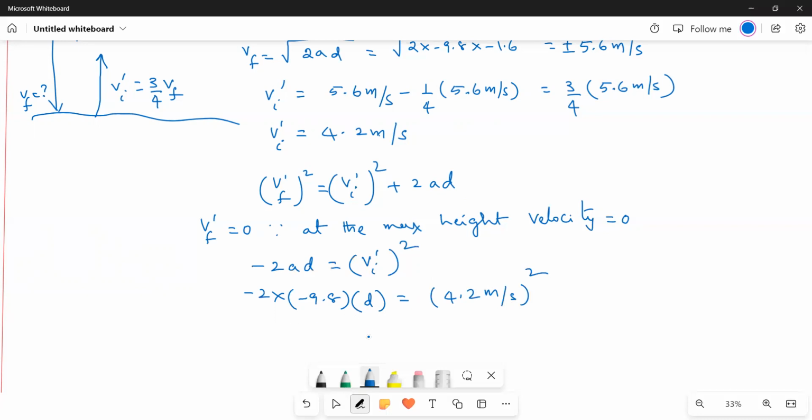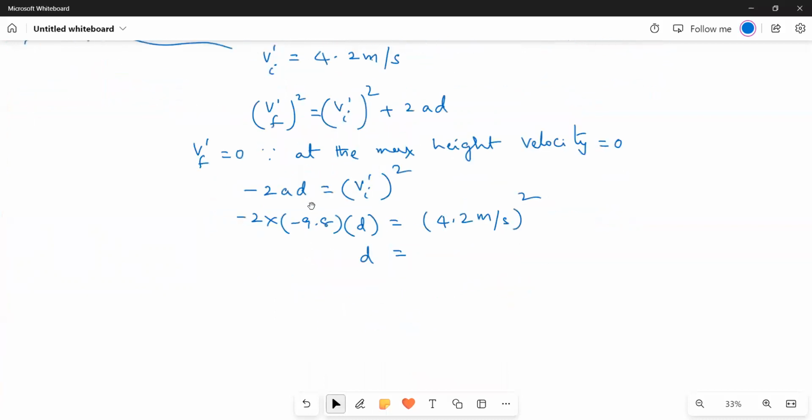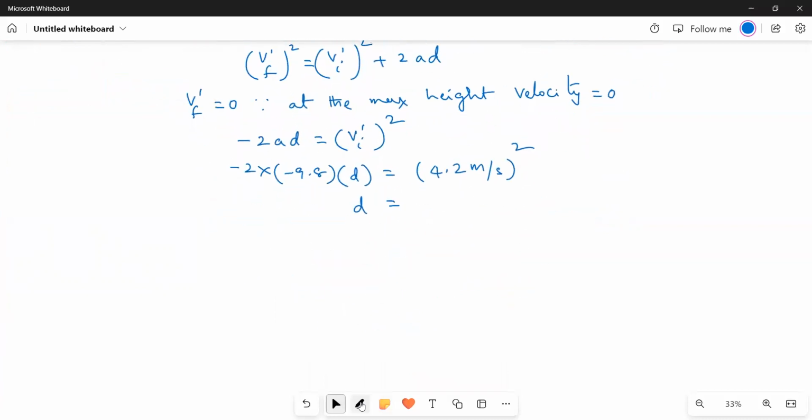Therefore d is equal to 4.2 meters per second squared, divided by 2 into 9.8. Minus minus cancels out, this becomes positive.